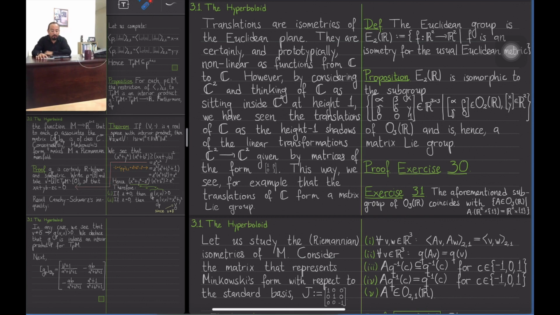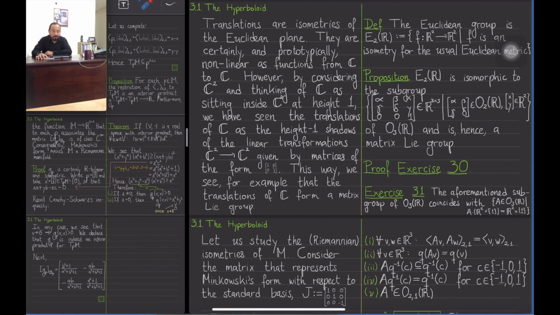And we saw that Minkowski's form itself makes this upper sheet of the level set of -1 a Riemannian manifold. Right?